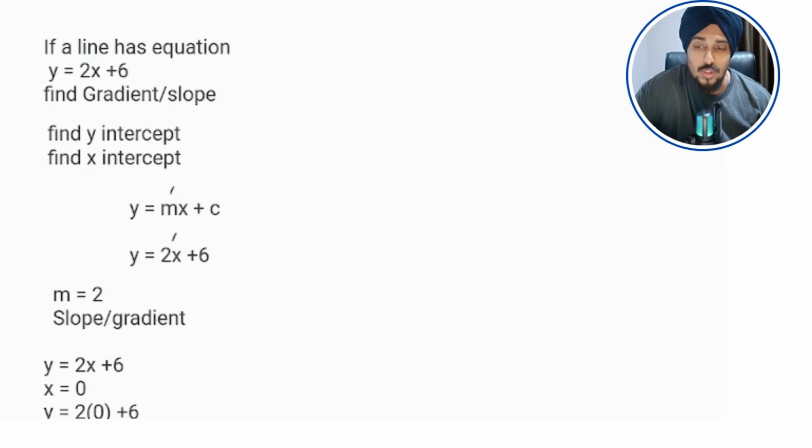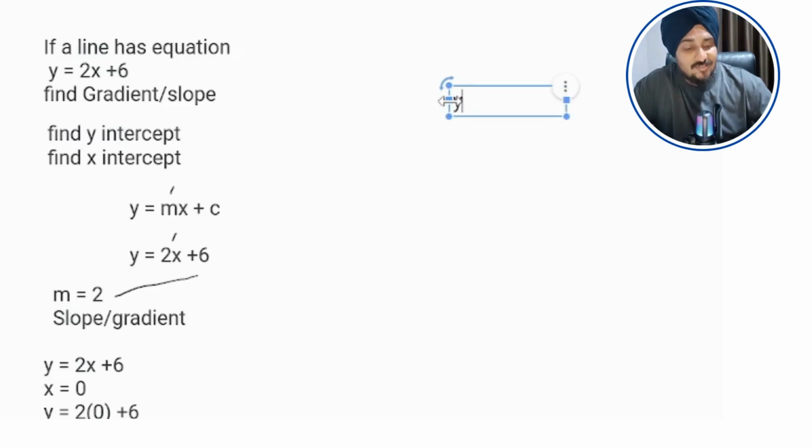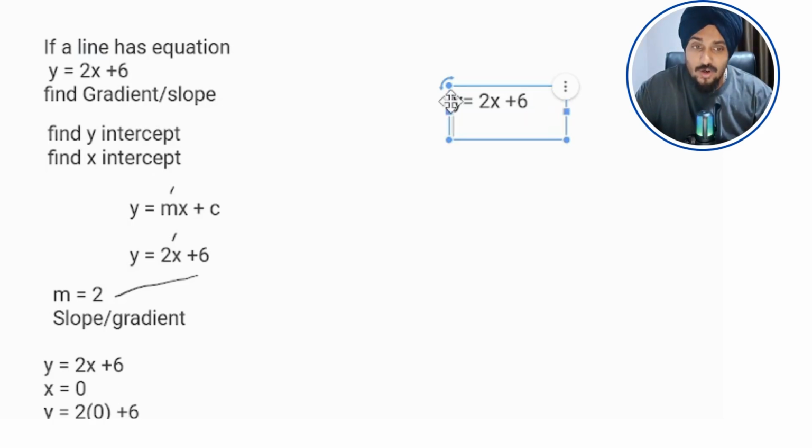So you got the slope, you got the y-intercept, and it's time for finding out x-intercept. We have the equation y is equal to 2x plus 6. Again, when they ask you y-intercept, you make x 0. When they ask you x-intercept, you make the value of y 0.